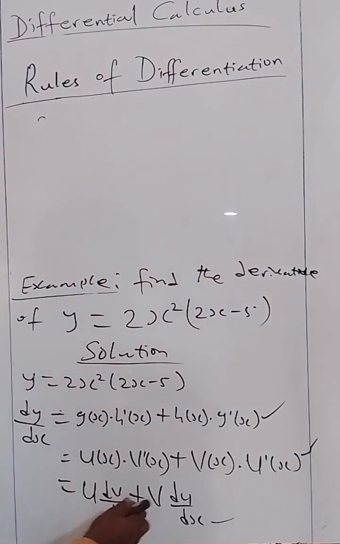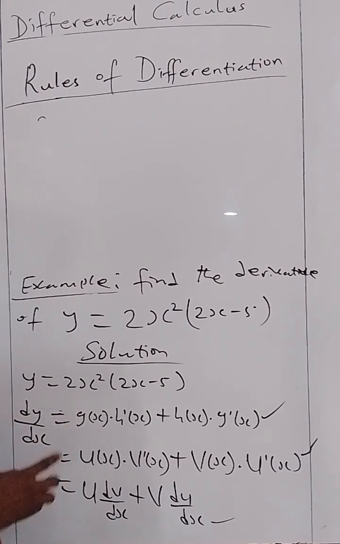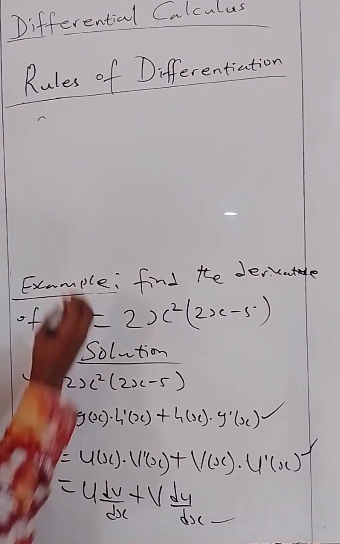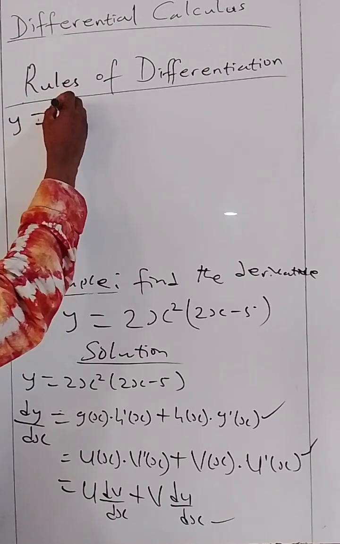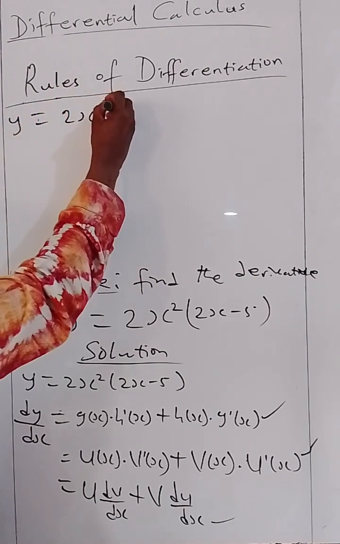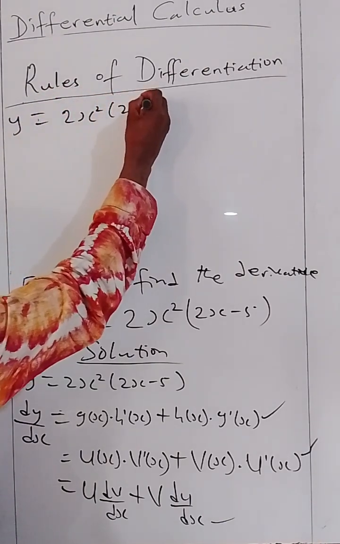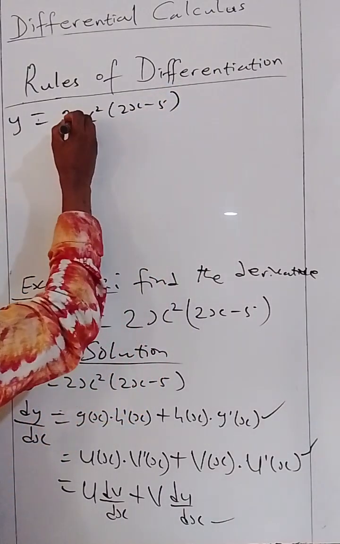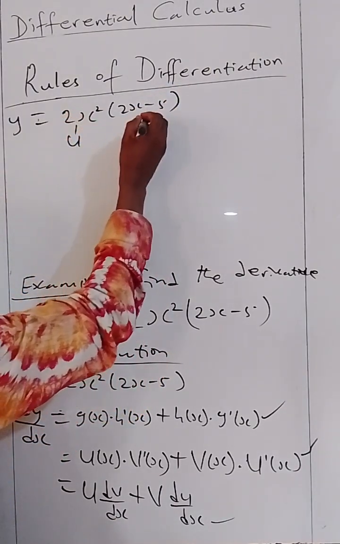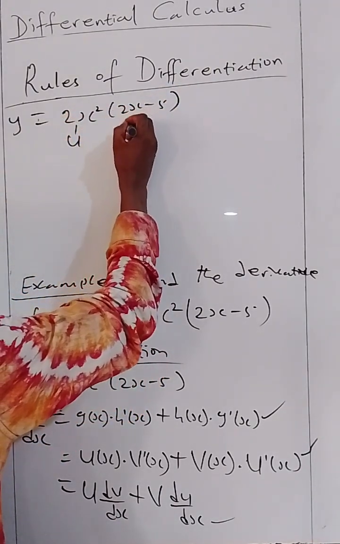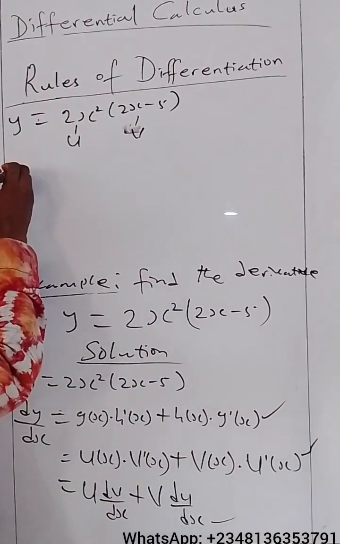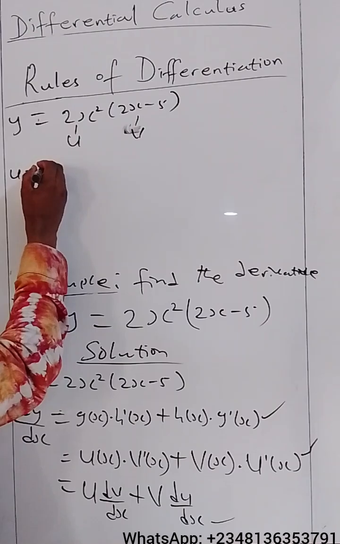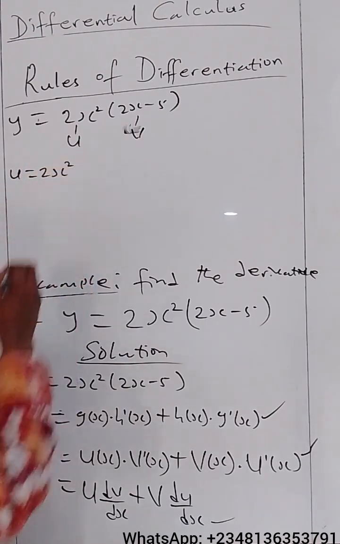So here, if we apply this, let me write that: y equals 2x squared times 2x minus 5. This first one is my u, while this second one is my v. My u is already known, which is 2x squared.